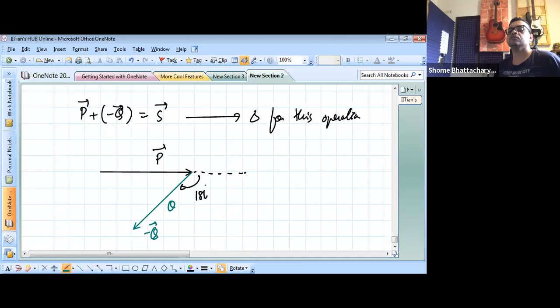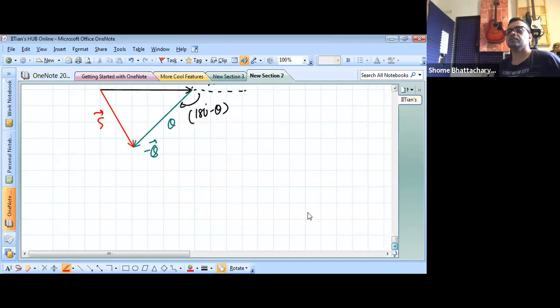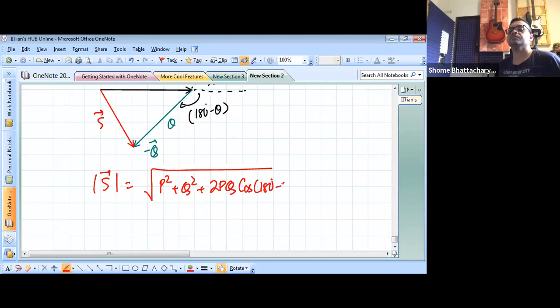So this angle will be how much now? It will be 180 minus theta, because original direction of Q was at theta. So now what is my resultant of these two? It is this one. So you can see that magnitude of S becomes root of P square plus Q square plus 2PQ cos of the angle between them, 180 minus theta.